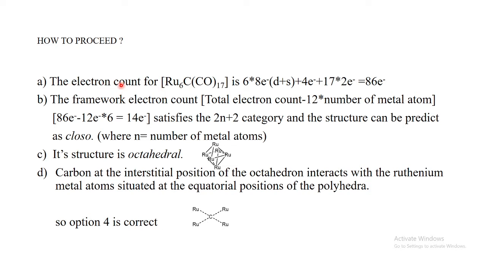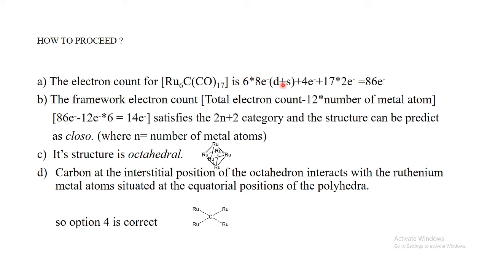We have 6 ruthenium metal atoms, so 6 into 8 electrons, since ruthenium falls in the group of iron, so iron is d6. So ruthenium also has 6 d electrons. In the neutral atom method, we also count the s electrons, so 6 plus 2 is equal to 8 electrons.